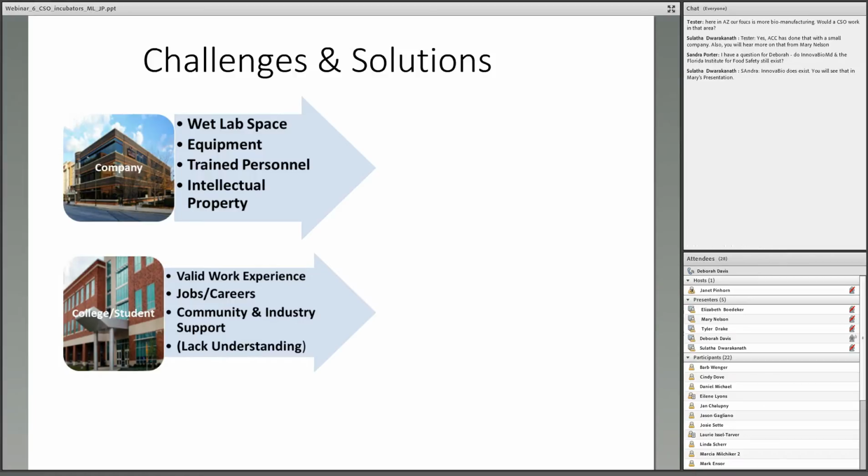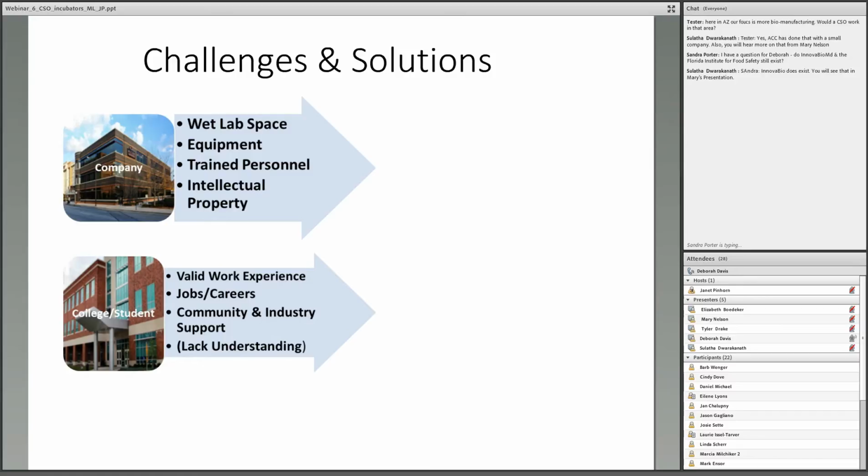Yes, it is a problem for startups, but it's also a problem for many mid-sized established bioscience companies, because you just can't afford to build out wet lab space. It can cost upwards of $1,000 a square foot. And that's not even with the equipment. And if you have to have a GMP facility, that could even double. Now, that's not even equipment, that's just the space.